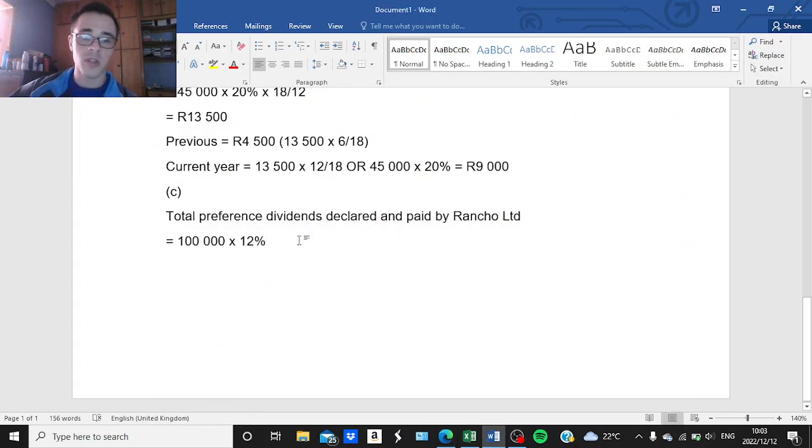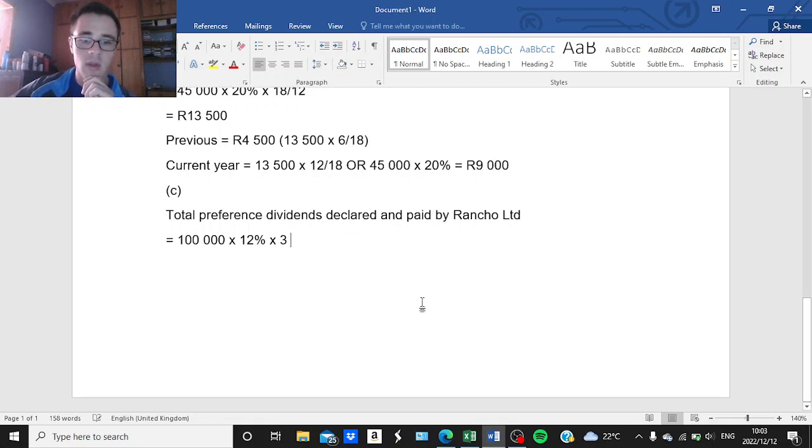So we will multiply this answer by 3, because from the 1st of October 2019 to the 30th of September 2022 gives you a total of 3 years.